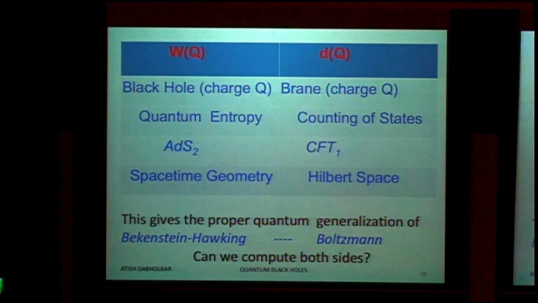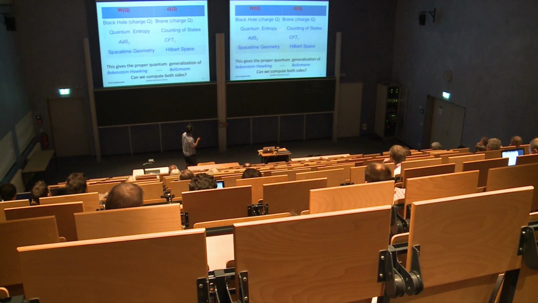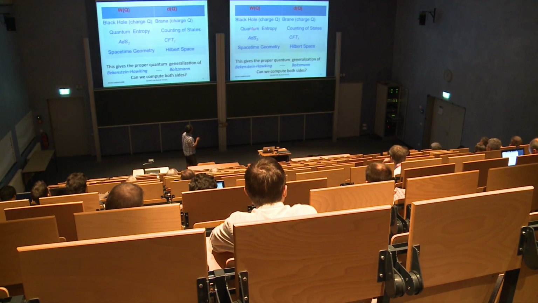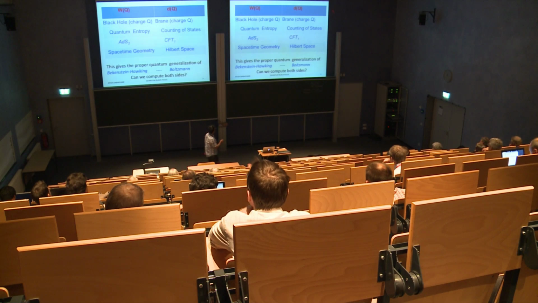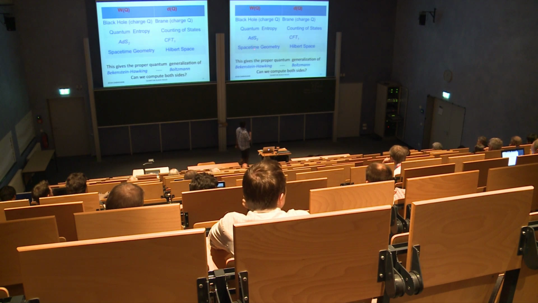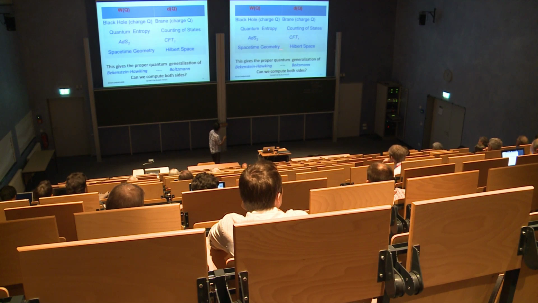On the right hand side, you have some soliton, which is called a brane in the string theory literature, with some charge q. And we have this generalization of quantum entropy defined by some functional integral on AdS2. And then the problem is, can we do some check on this theory that in fact this correspondence is correct?